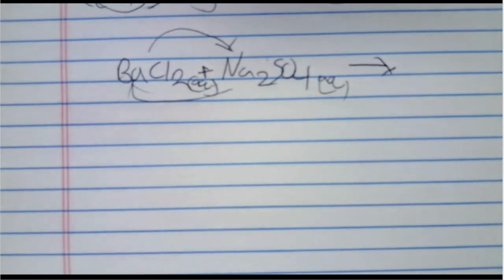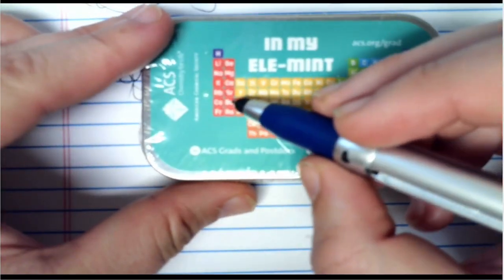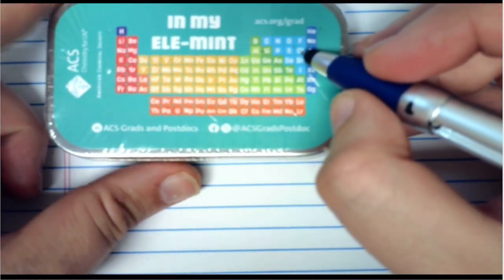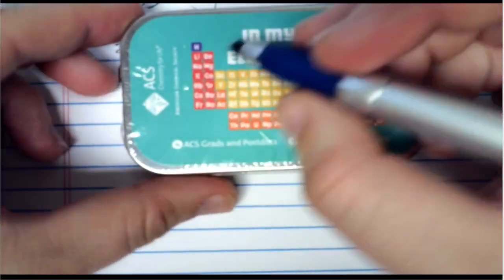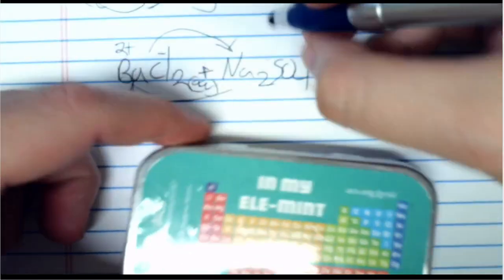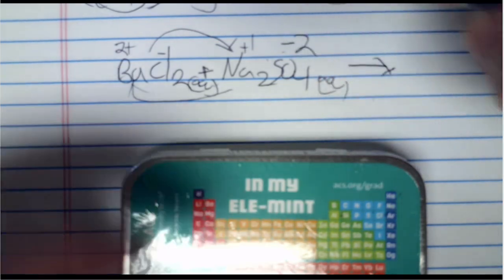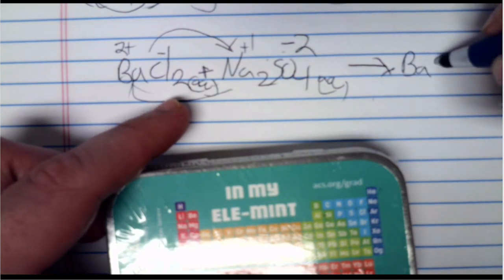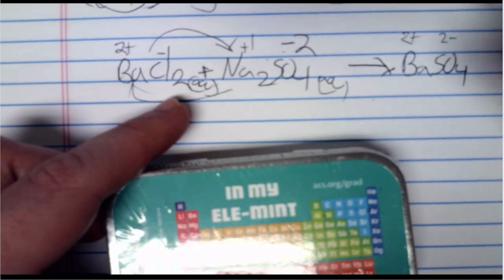Barium is group 2, so it's going to be 2+. Chlorine is group 7, so it's going to be 1 minus. Sodium is group 1, it's going to be 1 plus. Sulfate is 2 minus. Swap that. BaSO4, 2 plus, 2 minus.